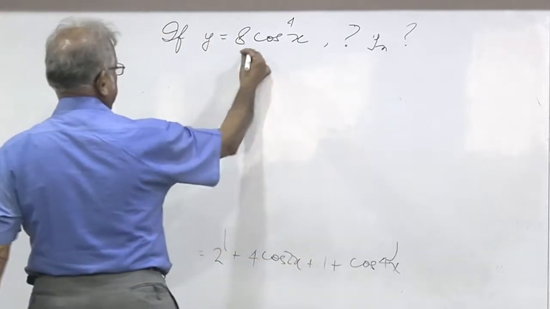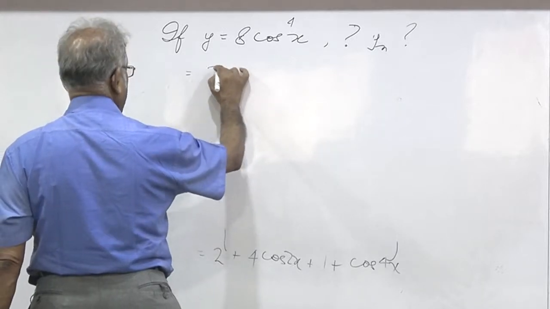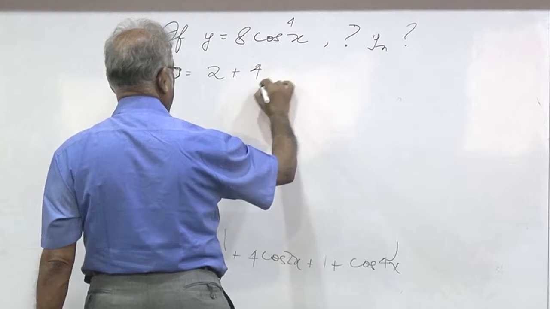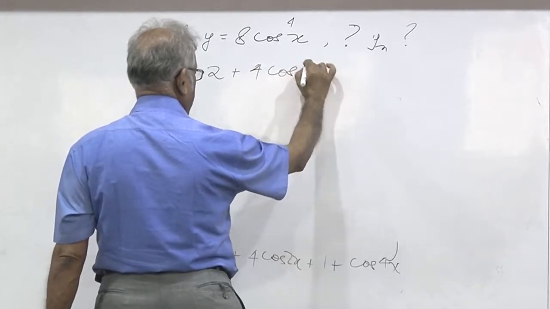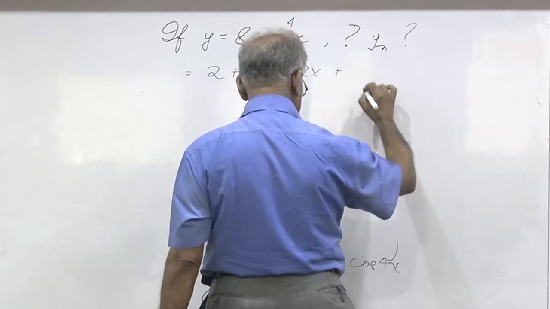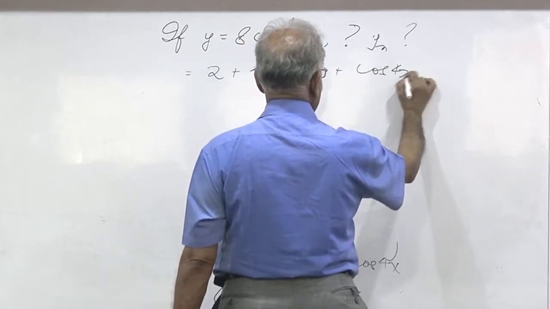So my friend here is actually equal to 2 plus 4 cos 2x plus simply cos 4x.